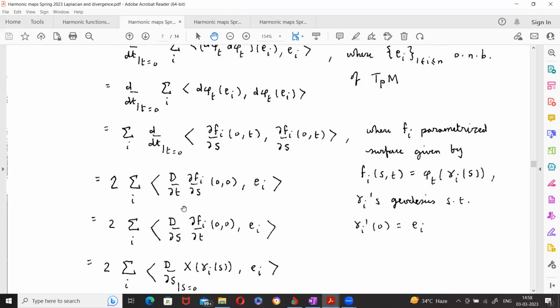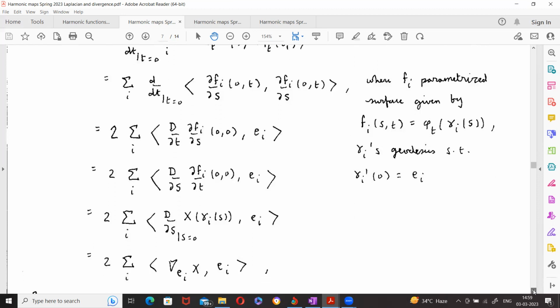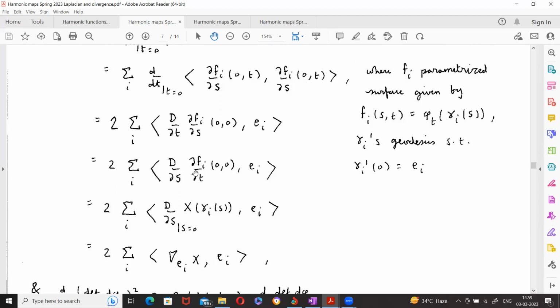Now we can use the property of parametrized surfaces, which follows from symmetry of the connection. D/∂t ∂φ/∂s is the same as D/∂s ∂φ/∂t, right? Now, what is ∂φ/∂t? So here φ is φ_t of γ_i(s). So if I differentiate with respect to t, what will I get?